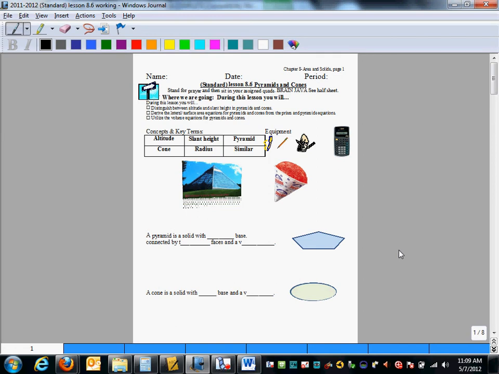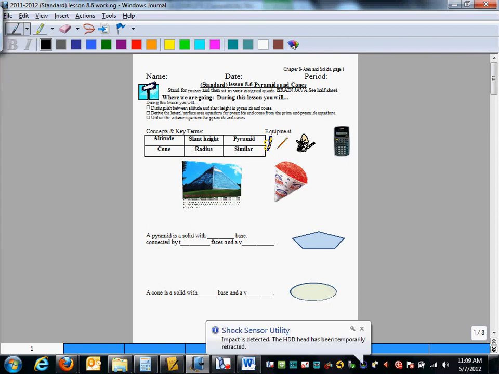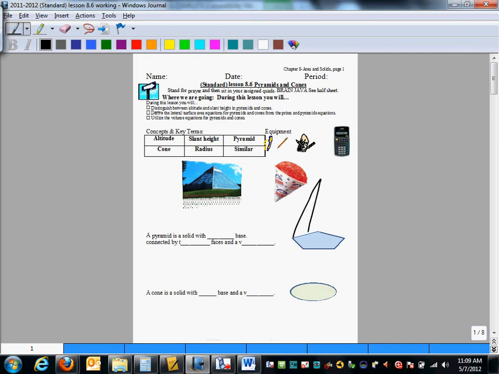Alrighty, guys. You should have right now a pyramid, which looks like so, and a cone, which looks like so. Last class, we talked about a cylinder and a prism. A cylinder has 2 bases.